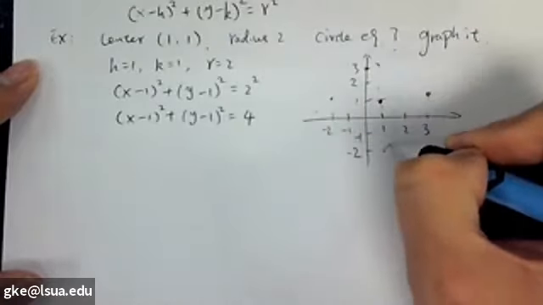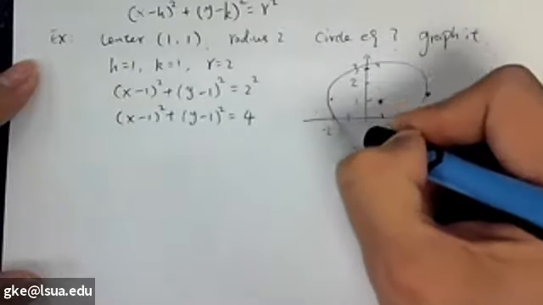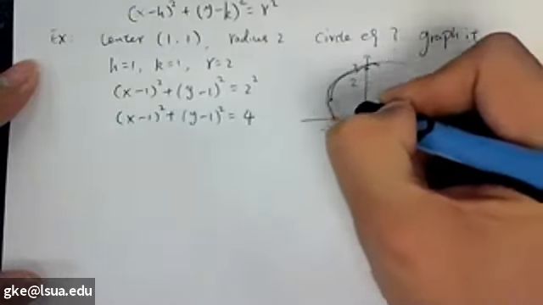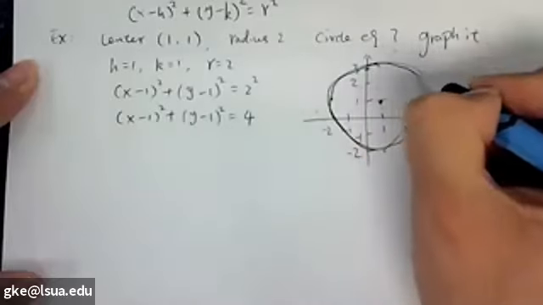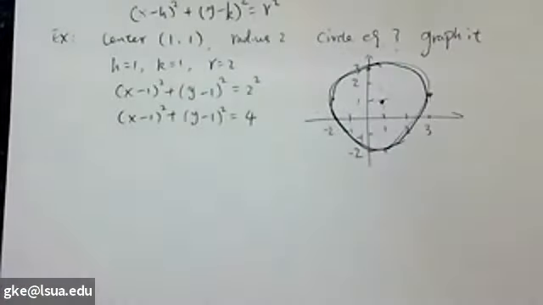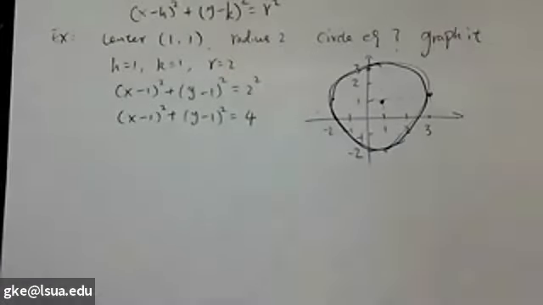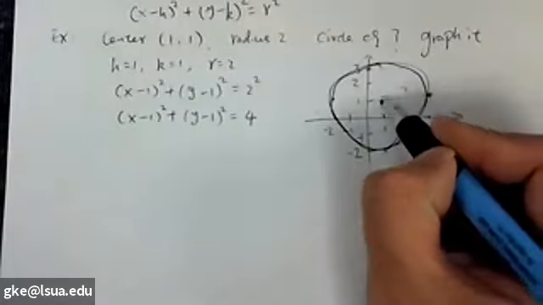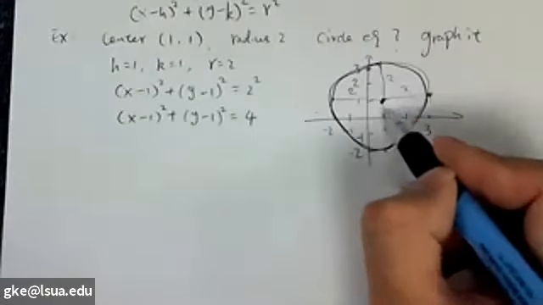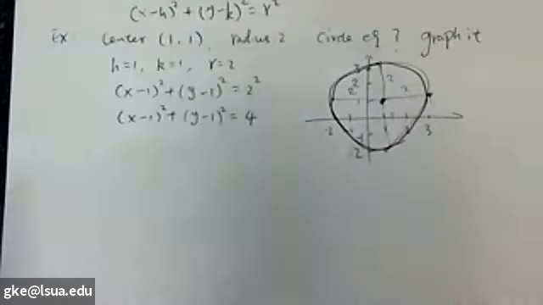So you can connect all these points. Very ugly, but I wish you guys can understand. The radius is here, okay? So here is 2 units, here is 2 units, here's 2 units, here's 2 units. So you connect all the points, okay?